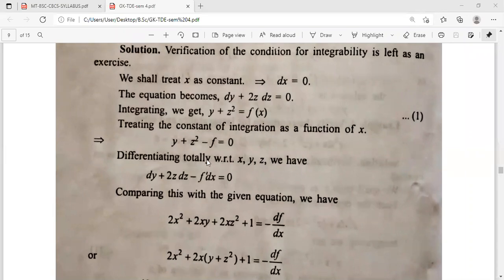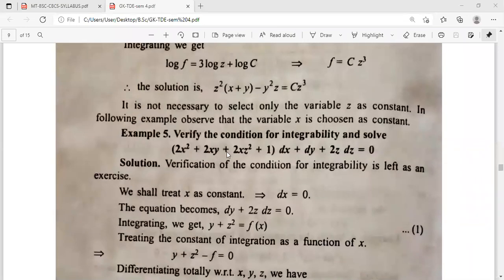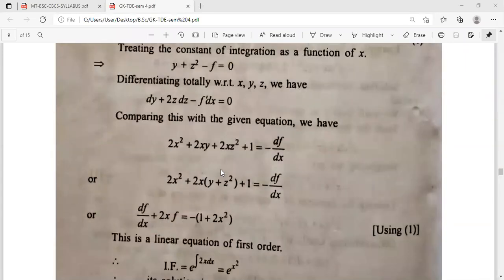Now, the remaining is minus f dash, which is the coefficient of dx, and the dx coefficient in the given equation is 2x square plus 3x square plus 1. Now if you equate those two coefficients, comparing this with the given equation, we are getting this.